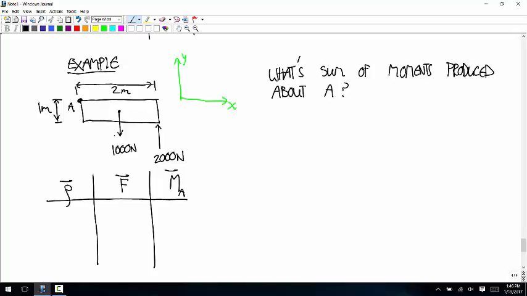The row vector for the 1,000 Newton force is a vector going from A to where this force is applied. So what's the x component of a vector going from A to where this 1,000 Newton force is applied? Positive 1, yep. And what's the y component? Negative 0.5, yep.